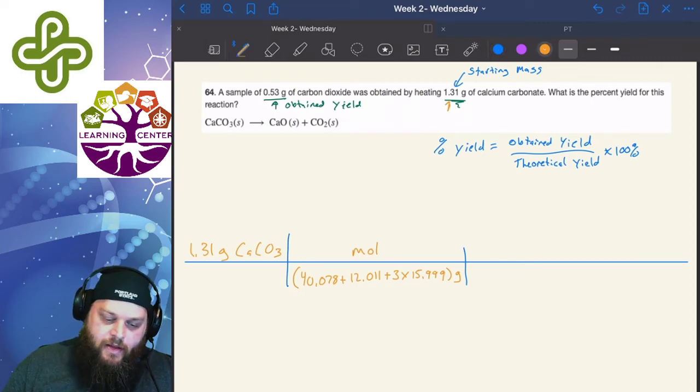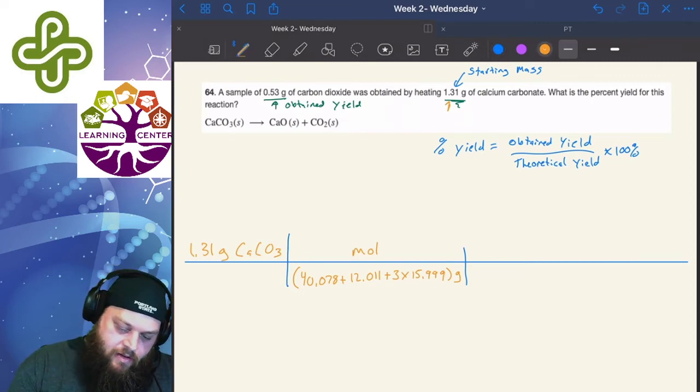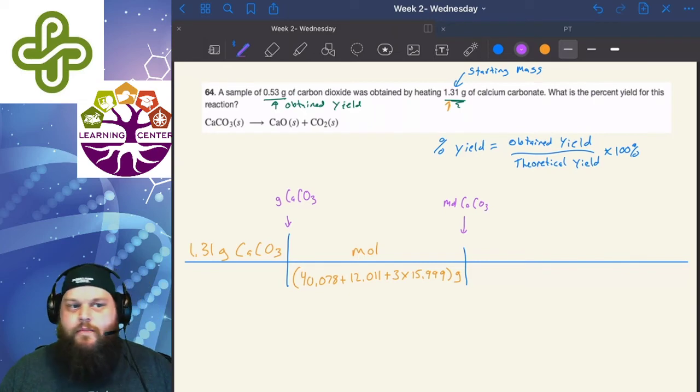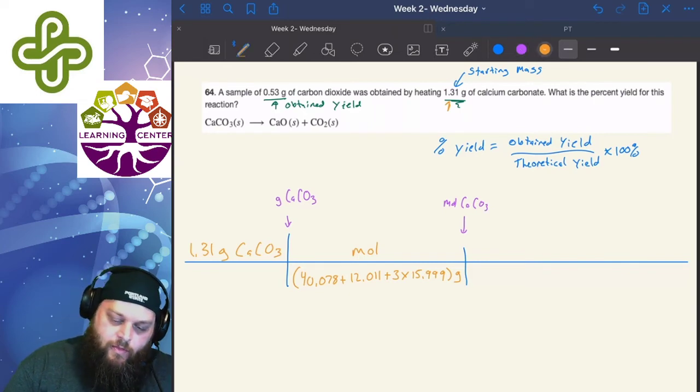Then we have to multiply by the stoichiometric ratio. Let me mark where I'm at first. At this point, we start out with grams of CaCO3. After we do this, we have moles of CaCO3, so we're just converting it into moles. And then we do the molar ratio.